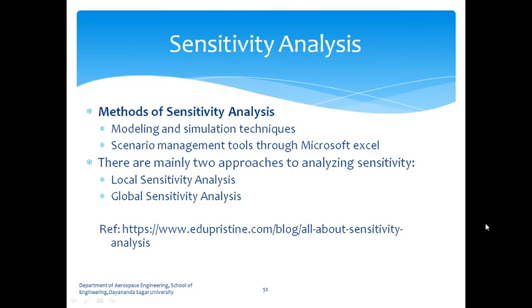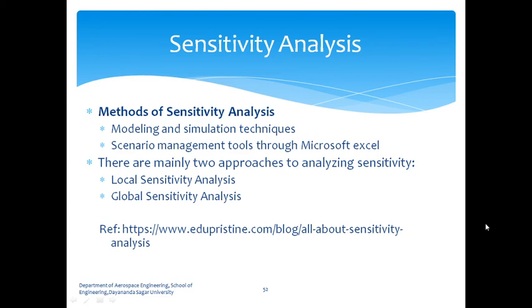In the same way, in business also there are a lot of modeling and simulation techniques. You need to apply those for understanding sensitivity, and you will find the important factors. Then you need to give more attention to the highly sensitive factors. One is modeling and simulation techniques. The other is scenario management tools, generally used in Excel sheets. You come up with different scenarios.